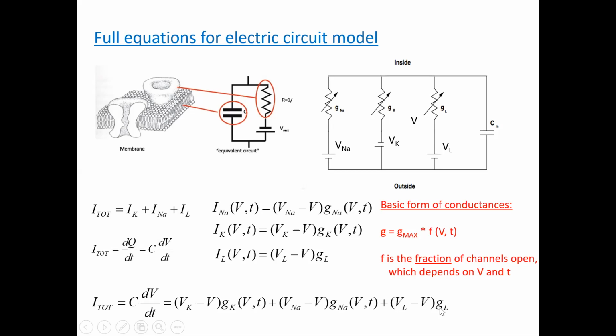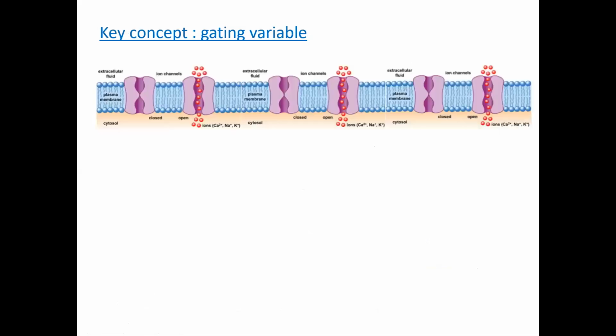Okay, so this is our differential equation for the membrane potential V, and we know that in these conductances we have more voltage dependence, and it has to do with the fraction of open channels. So let's look at that in a little bit more detail.